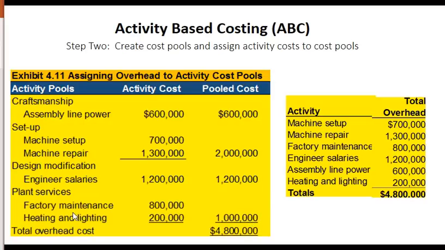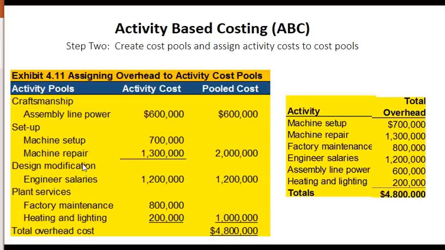Plant services, we're going to include factory maintenance of $800,000 and heating and lighting of $200,000, so our total pooled cost is $1 million. So now we have total overhead costs of $4,800,000.